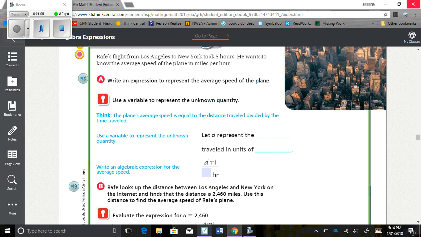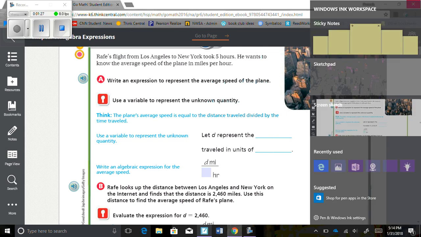So think, the plane's average speed is equal to the distance traveled divided by the time traveled. We know that because distance equals rate times time. So if we do distance equals rate times time, to find out the rate, we do distance divided by time.